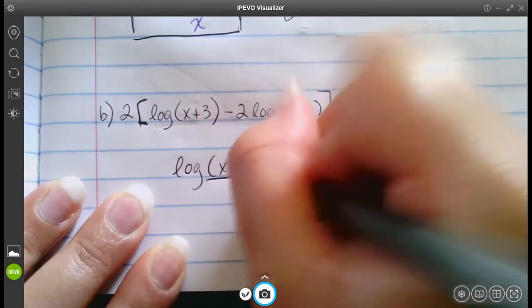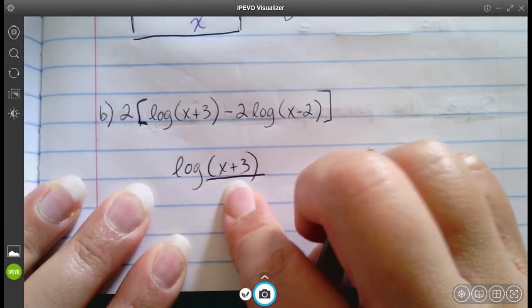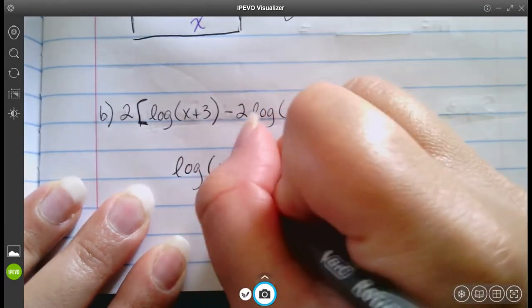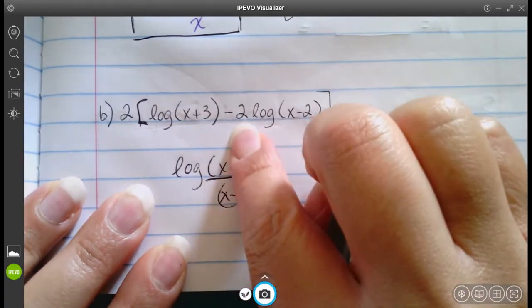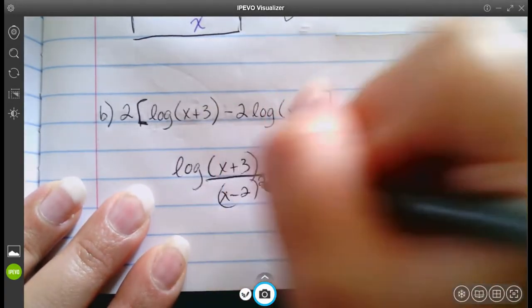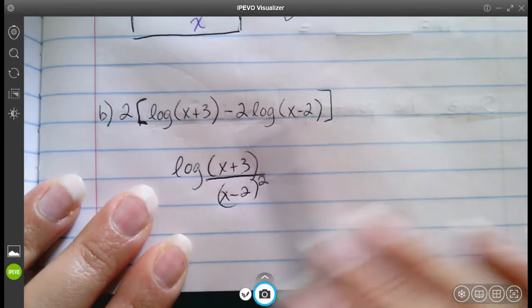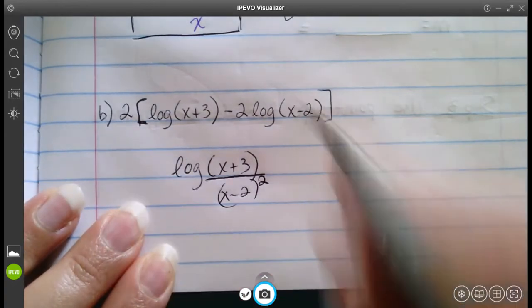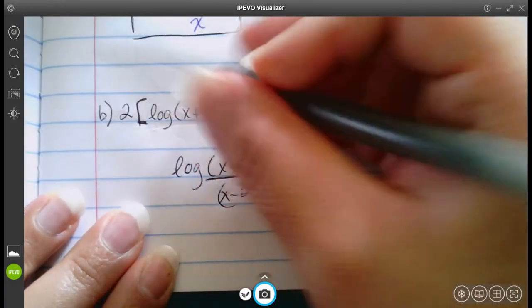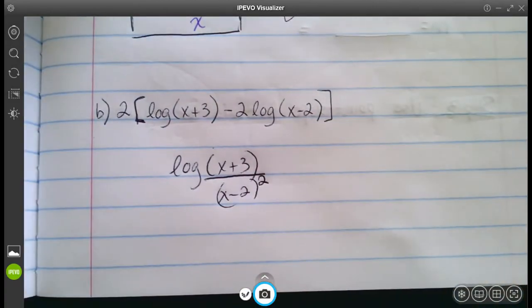Divided by, okay, so subtraction means division, x minus 2. And then that 2 is a squared. Okay, and all of this is with the power of 2. So all of this, I'm going to go ahead and put in parentheses and put a power of 2.